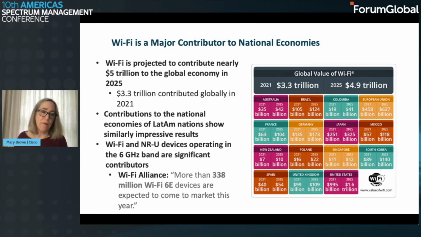And we have established, I think, very well that the global value of Wi-Fi to the world's economy this year is in excess of $3 trillion, which is an astonishing number. But it is reflective of how much Wi-Fi is embedded into enterprises, how it is used to deliver entertainment, and a multitude of uses in government and other places.